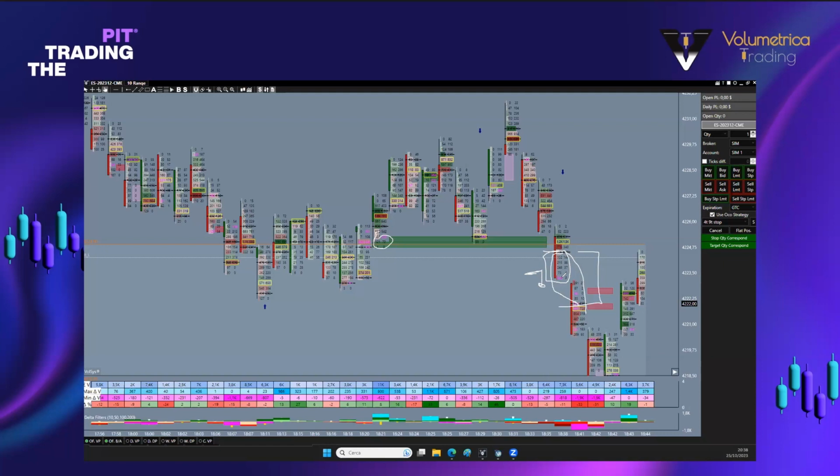On the other side, what happens in price areas where we don't have imbalances? We tend to have high volume, normally high horizontal delta, so darker shadings.